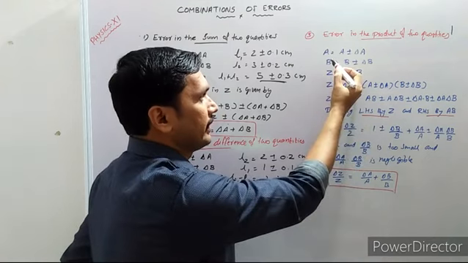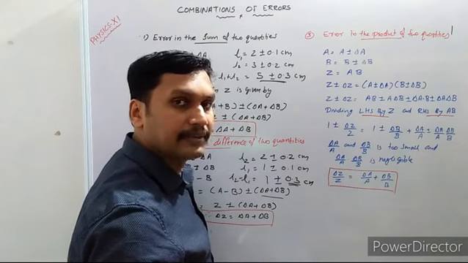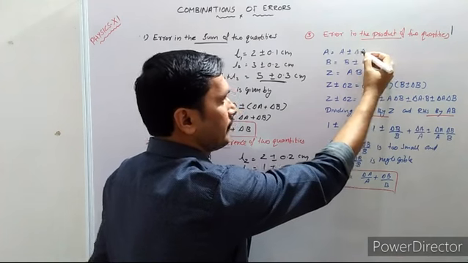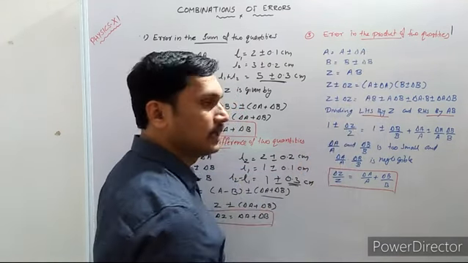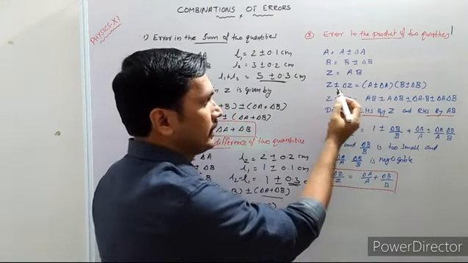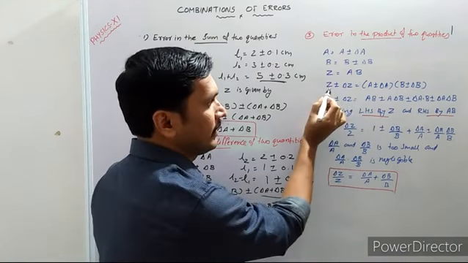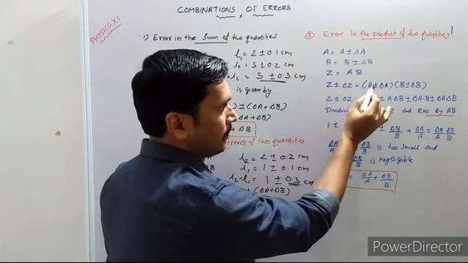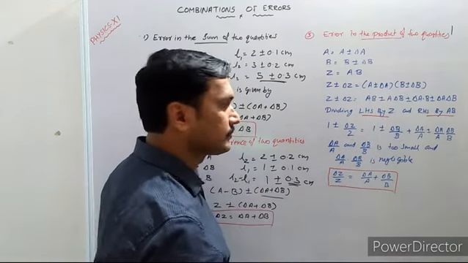We are measuring two physical quantities A and B, and we are finding the product of A and B, that is A into B. So the measured quantities are A equal to A plus or minus delta A and B is equal to B plus or minus delta B, and Z is equal to A into B. Let's see, delta Z is the maximum error in Z. So we can write Z plus or minus delta Z is equal to A plus or minus delta A into B plus or minus delta B.